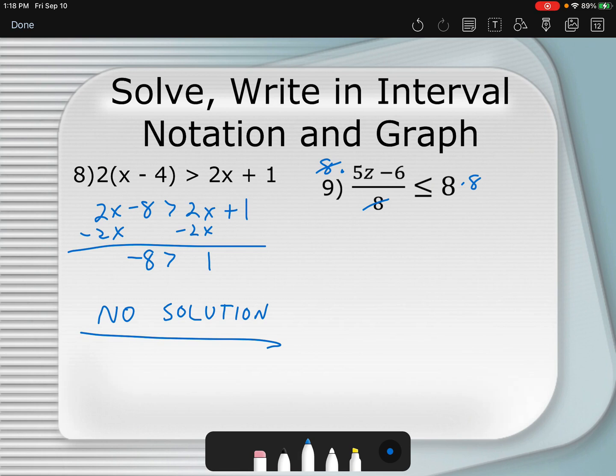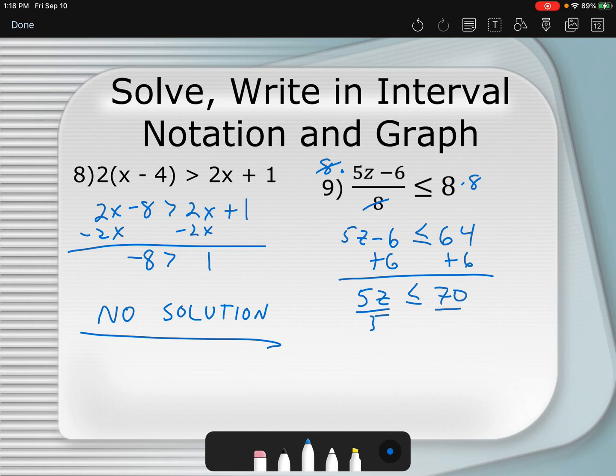Number 9. Remember how we get rid of fractions? We do not like that 8. We multiply by 8. So 5z minus 6 is less than or equal to 64. Add 6. 5z is less than or equal to 70. Divide by 5. z is less than or equal to 14.